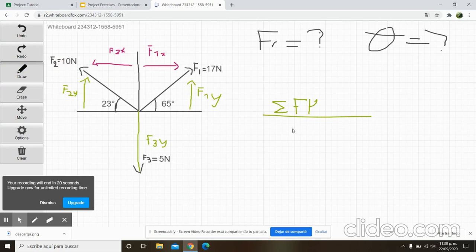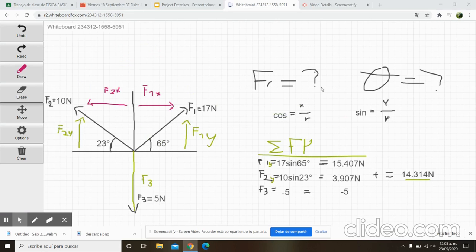So it's going to be force 1, force 2, and force 3. Okay, we have this.